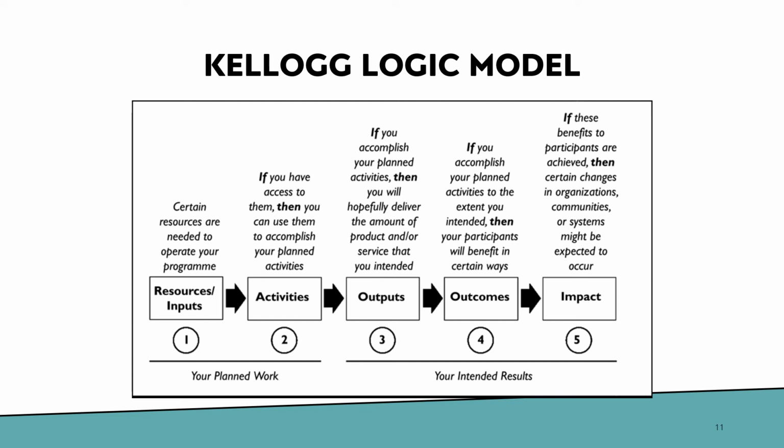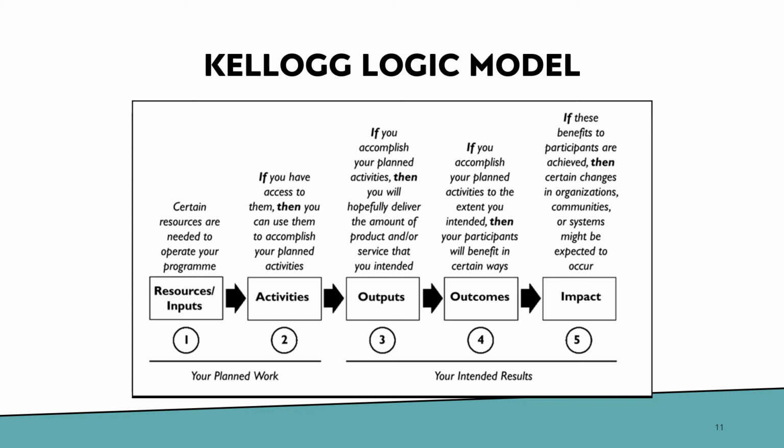If you accomplish your planned activities to the extent that you intend, then your participants will benefit in certain ways. So the outcome of training community health workers is that people in the community will have better ability to navigate to health appointments, for example.